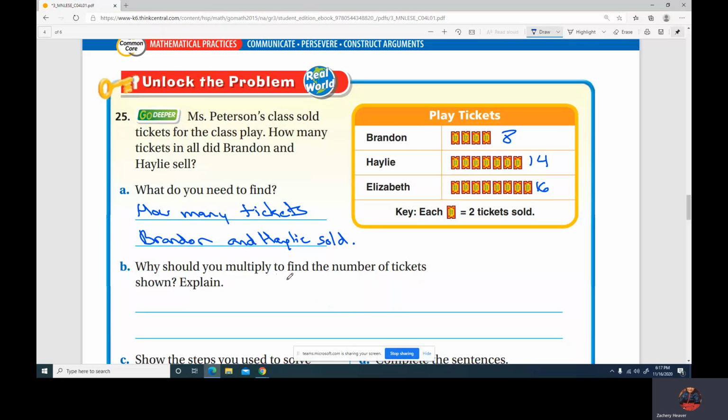What should you multiply to find the number of tickets? Well, we already decoded it, but they want us to multiply.